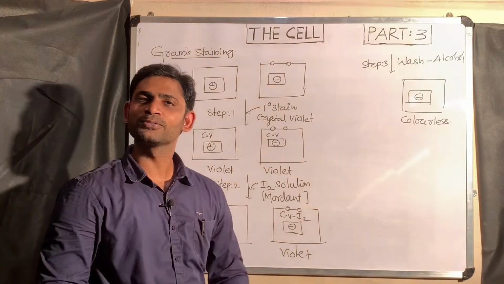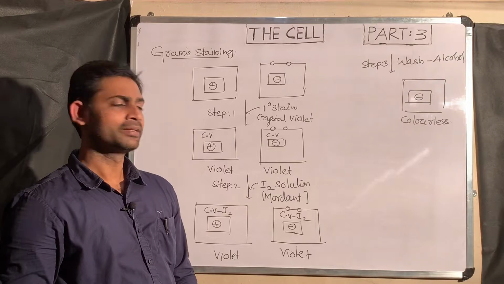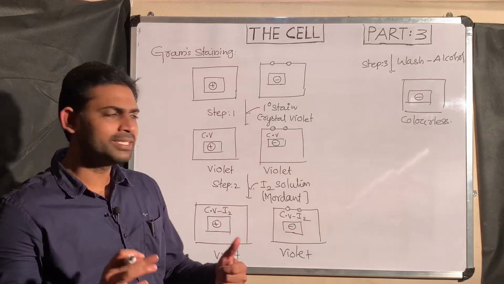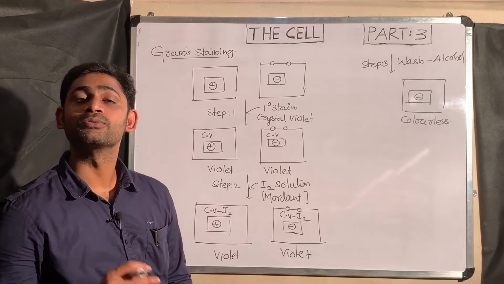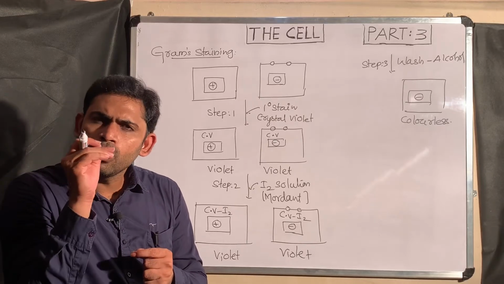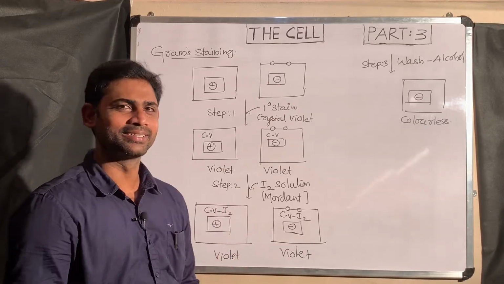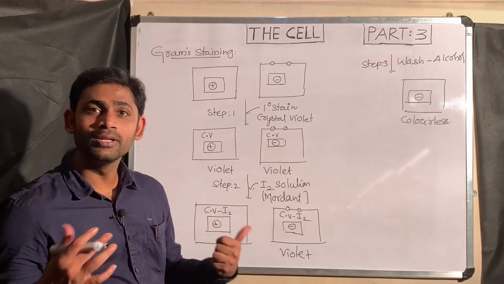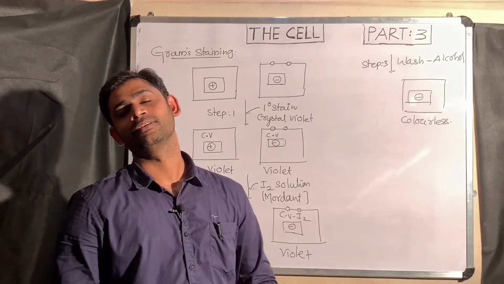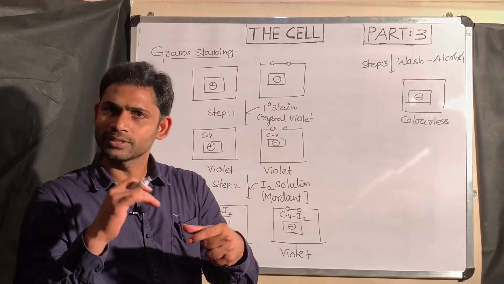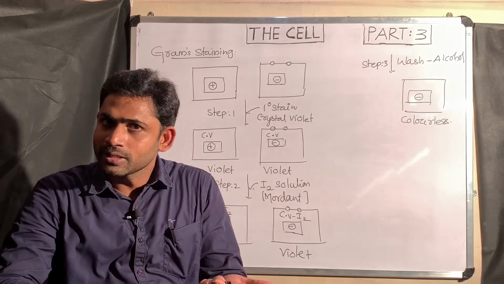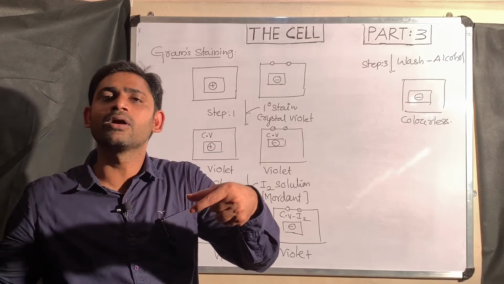Now you take the gram-positive bacteria. Here, when you are washing with alcohol, the alcohol cannot penetrate much into the cell wall of gram-positive bacteria. Why? Because of the absence of pores. Even if a small quantity of alcohol can enter, because there are no lipids, there is no chance of anything getting solubilized. So the alcohol comes out.